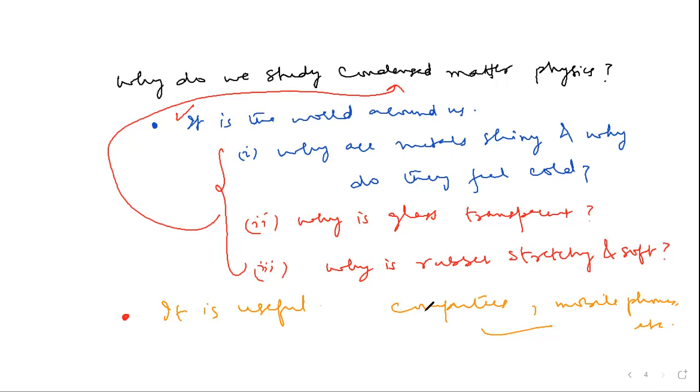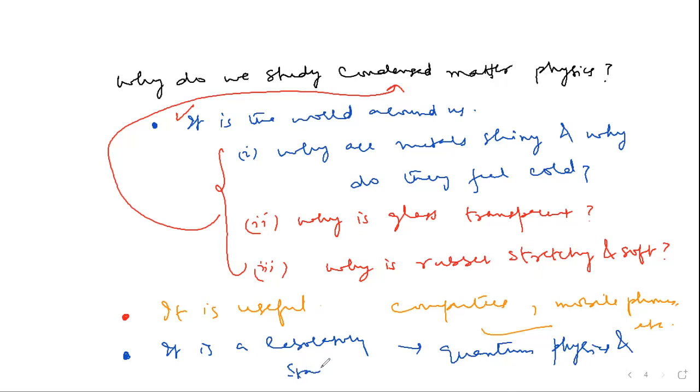And you can give another reason why we study it. There can be many reasons. Another reason we can give for why we study condensed matter is that it is a laboratory. Condensed matter physics is perhaps the best laboratory we have for studying quantum physics and statistical physics, right?